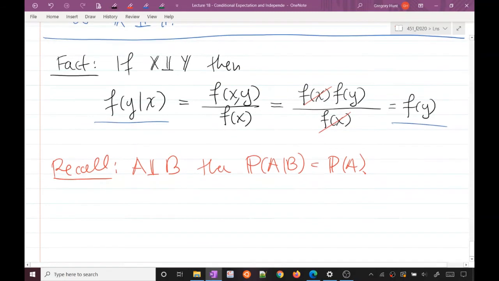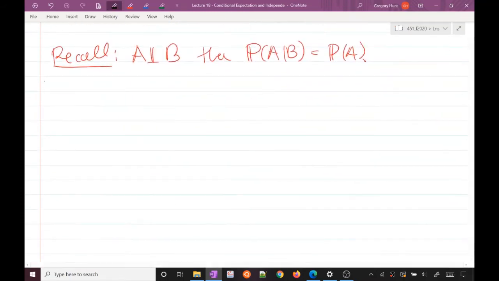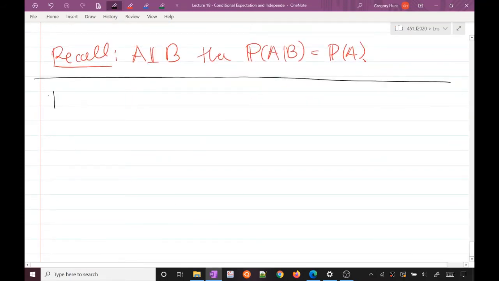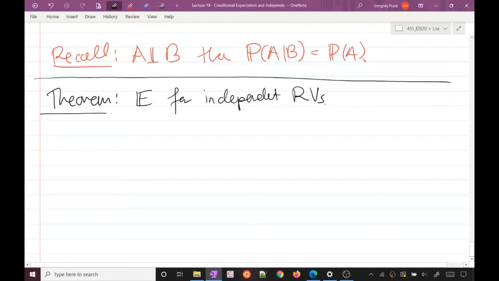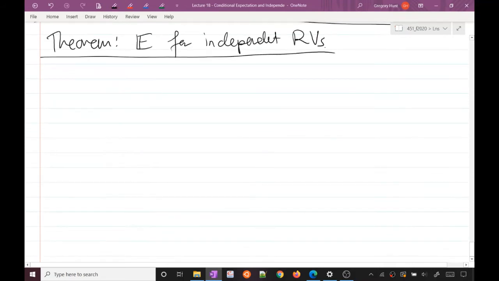So some other useful facts, maybe we can call it a theorem, is what happens to expectation for independent random variables. Let us assume that x and y are independent random variables.